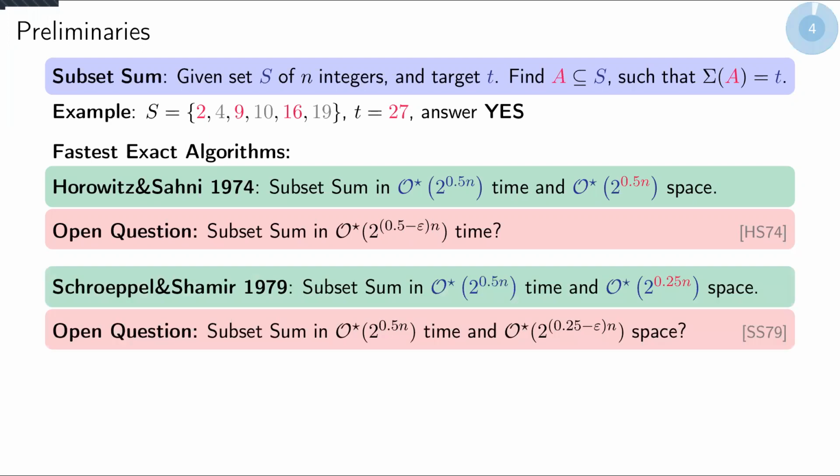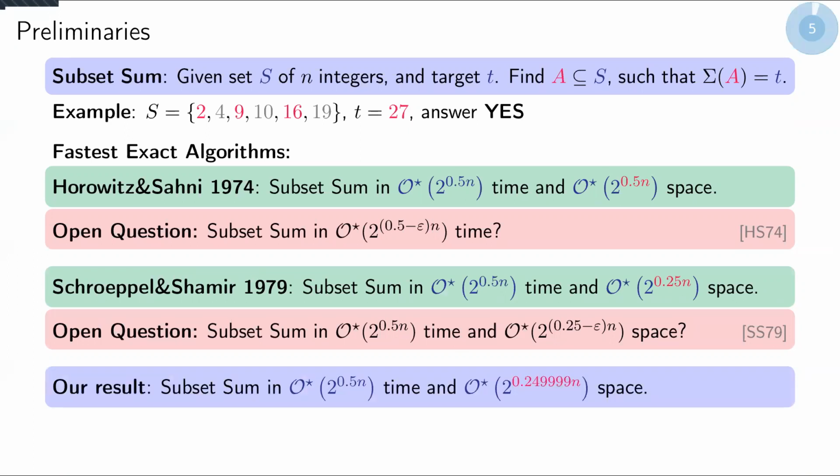And then 5 years later, Schroeppel and Shamir improved the space complexity of their algorithm. So they had a 2 to the n half space algorithm, and now we have a 2 to the n quarter space algorithm. And at the end of their paper, they asked whether you can improve the space complexity a bit.